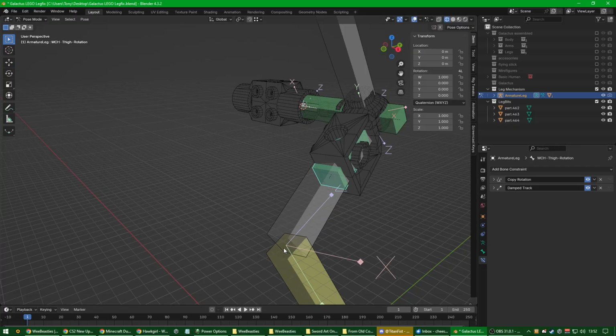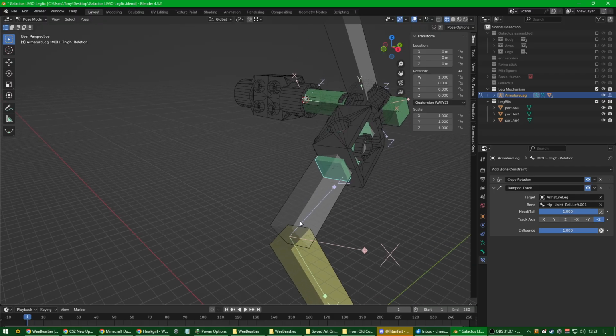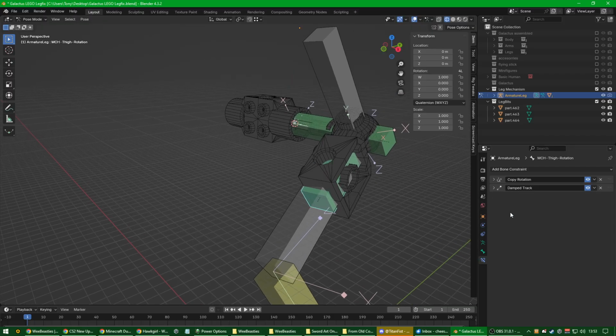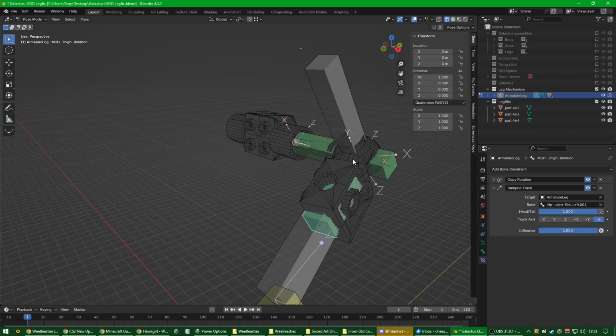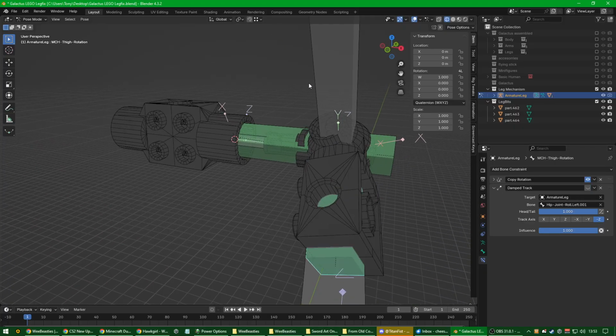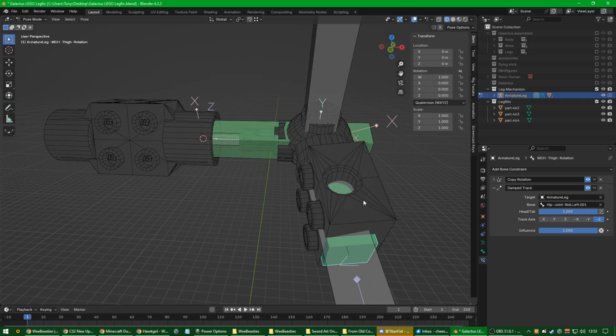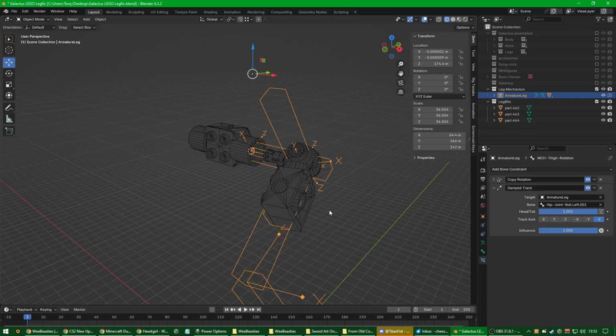It's saying always look at this, except instead of -Z, it would be always look at the Y axis and always have it facing this knee position, and then I would have had another damp track exactly like this one here to fix it, because damp track with Y would end up looking pretty much like this, and then I would have one to fix it like this. And so there you go.